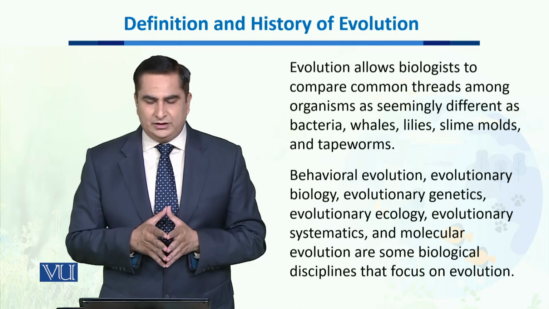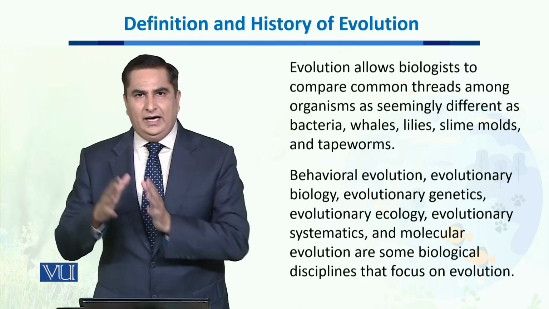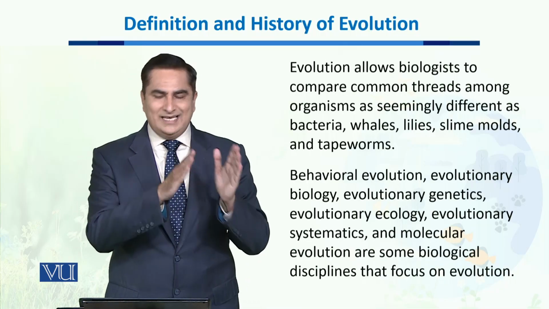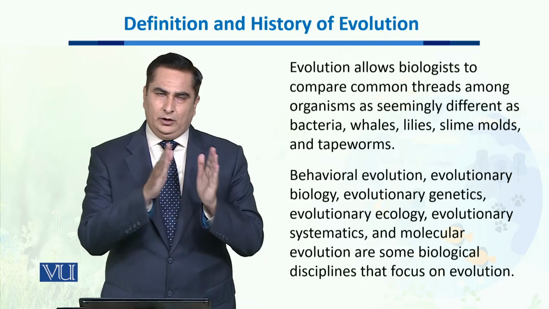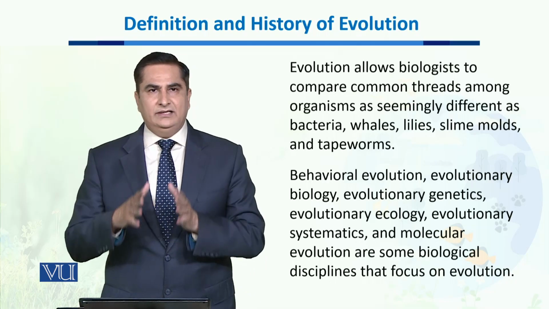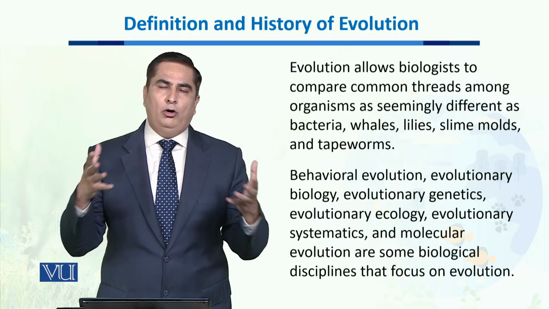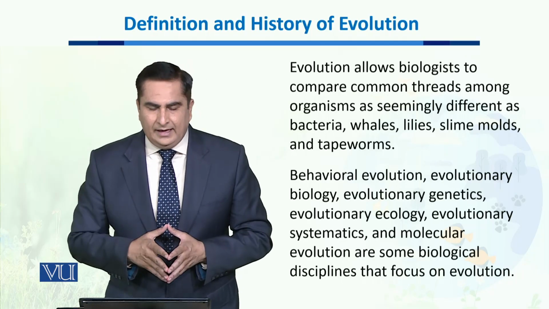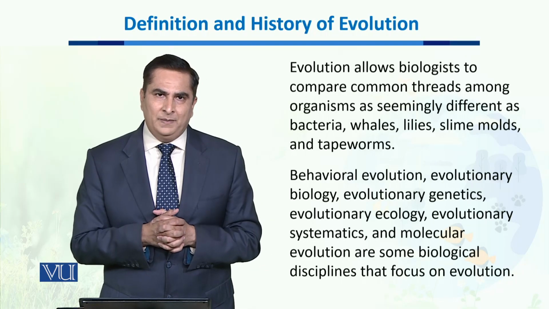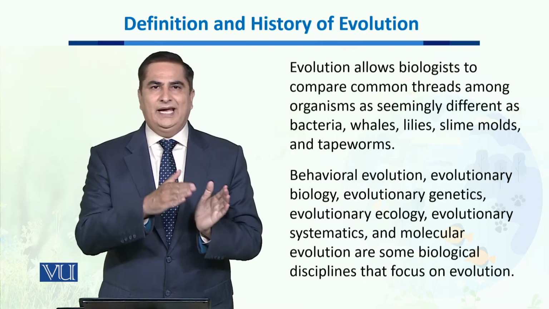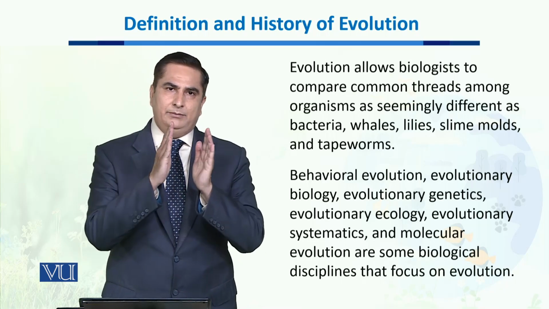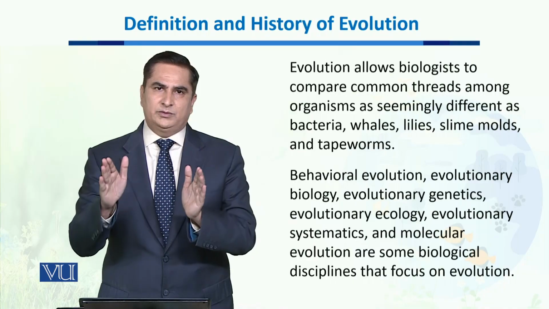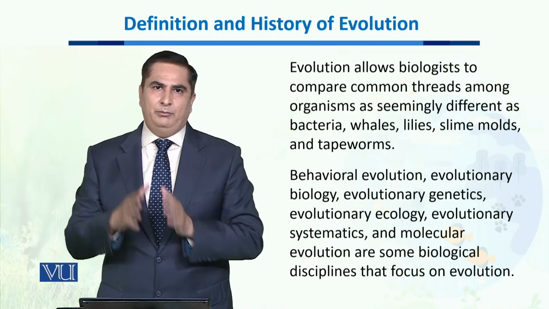Now, how important is the evolution? Evolution allows biologists to compare common threads or common features among different organisms which are seemingly different from each other. For example, bacteria, whale, lilies, slime molds, tapeworms are all different, but there are certain characteristics which can be found common in them. And there are different disciplines of evolution, for example, behavioral evolution, that covers the behavior of different organisms, and you will find quite different organisms that show similar behaviors.